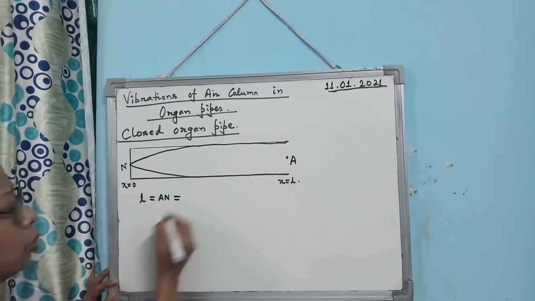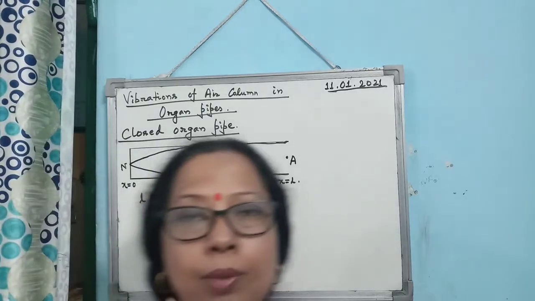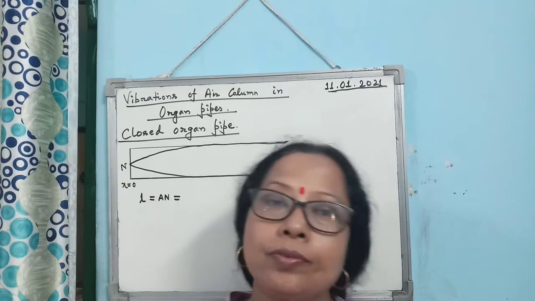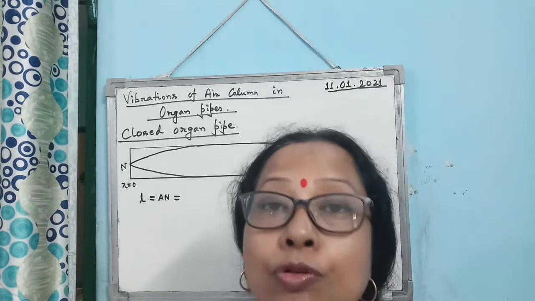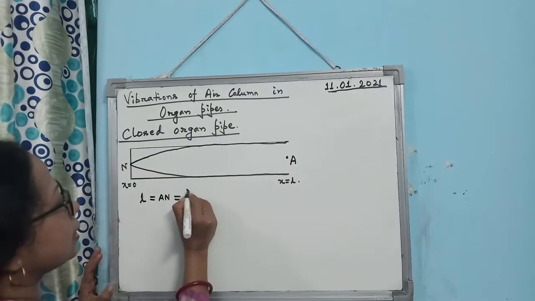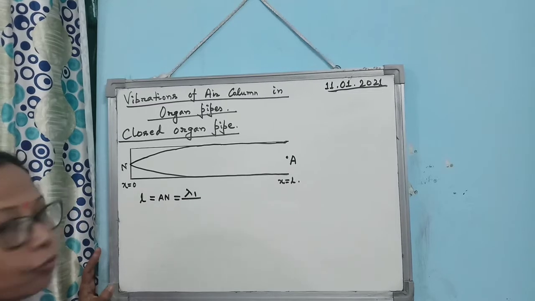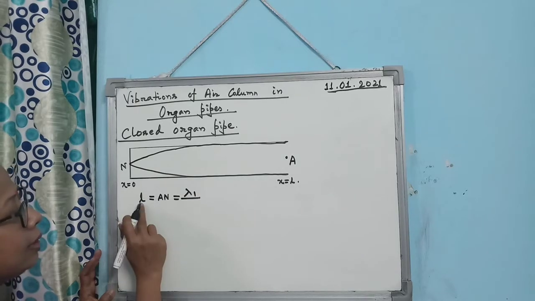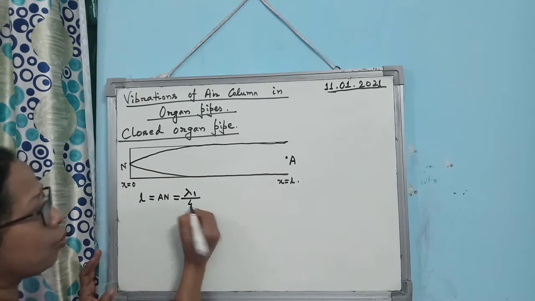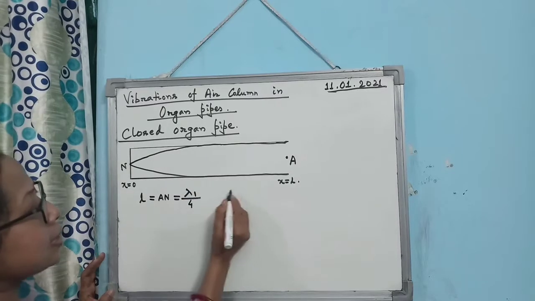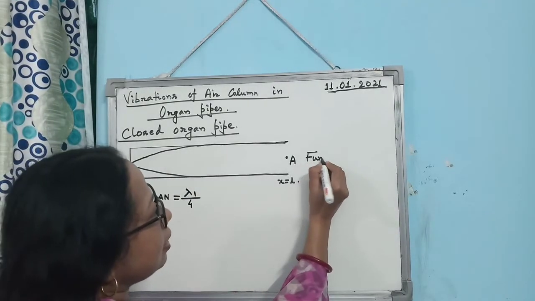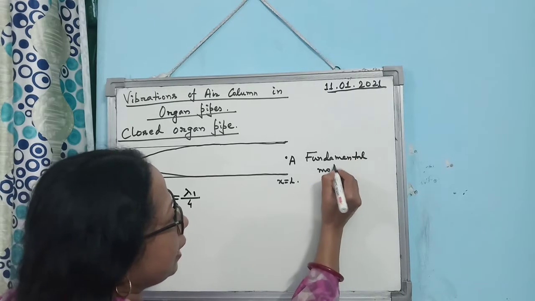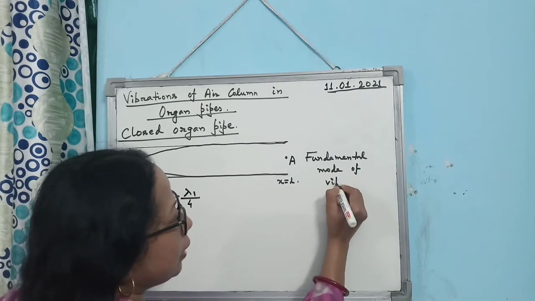And we already studied in the formation of stationary wave that the distance between consecutive antinode and node is lambda by 4. So if you consider the wavelength of the sound produced as lambda 1, then L is equal to lambda 1 by 4. And this is the fundamental mode of vibration.